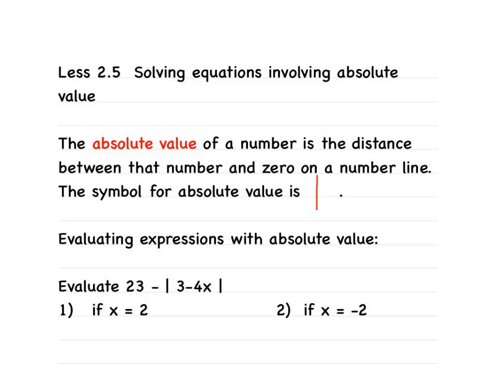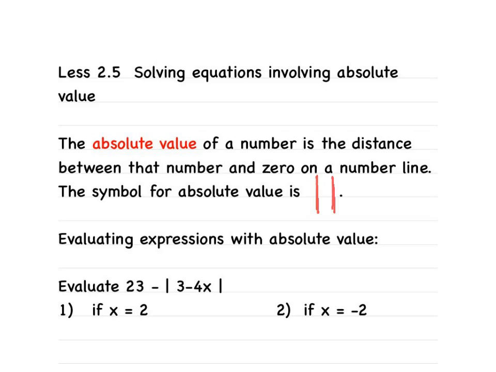The absolute value of a number is the distance between that number and 0 on a number line. The symbol for absolute value is 2 bars that are longer than the actual numbers or variables.